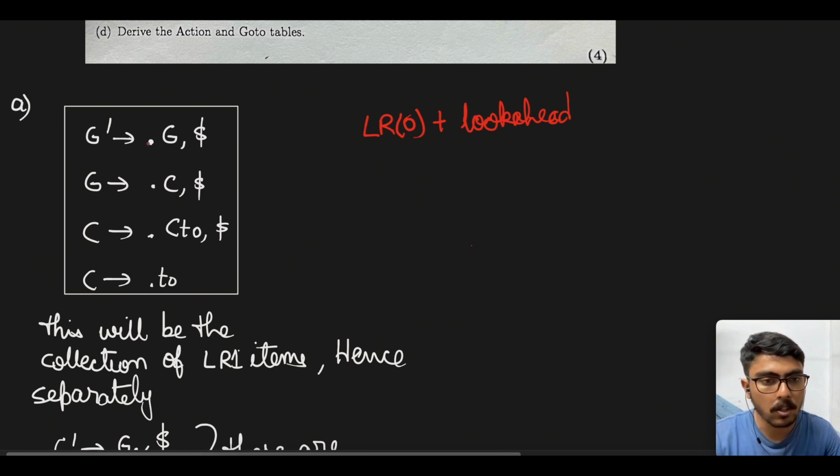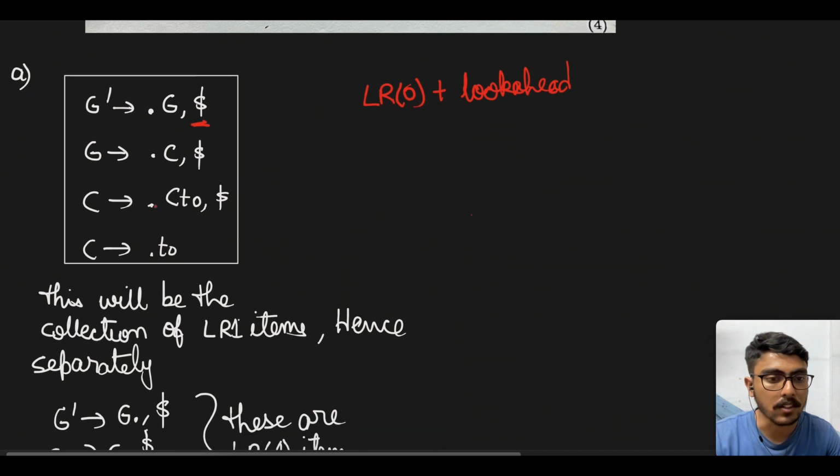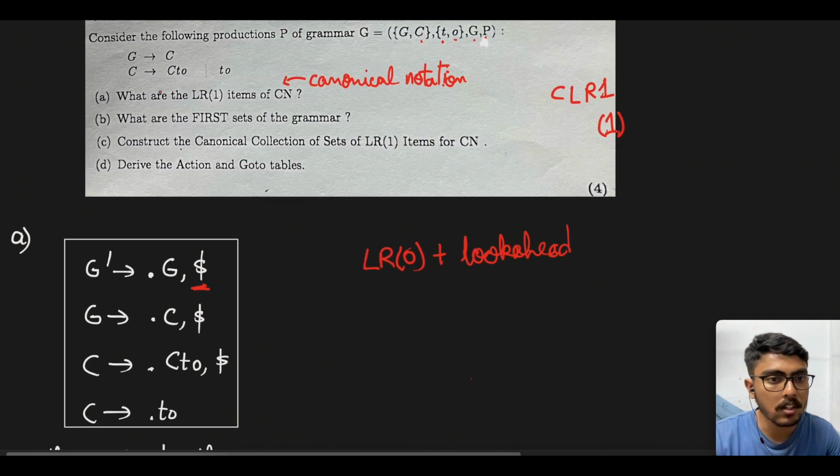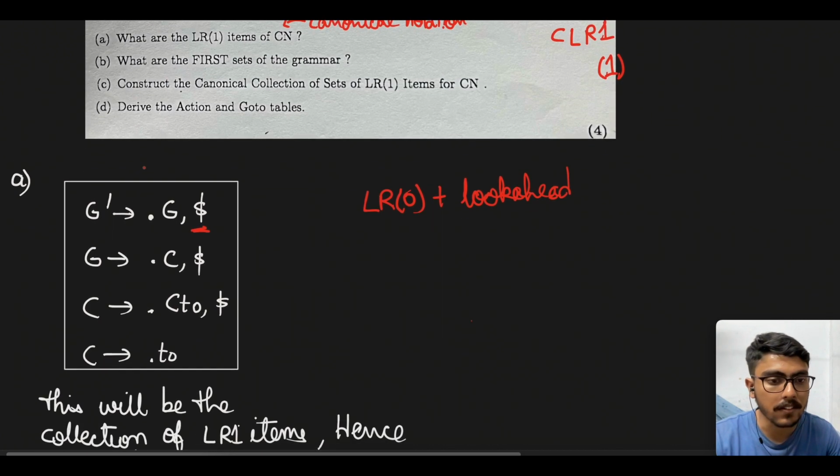So the dot symbol represents that, and it is in front of G, and the look ahead is dollar symbol, means the end of string, right? So G dot C comma dollar means after C there is no letter and only dollar symbol indicating the end of string. So these are the four productions that we are given, right?